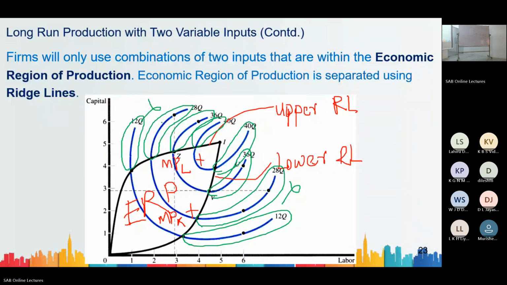Because in this area, marginal product of capital is negative.